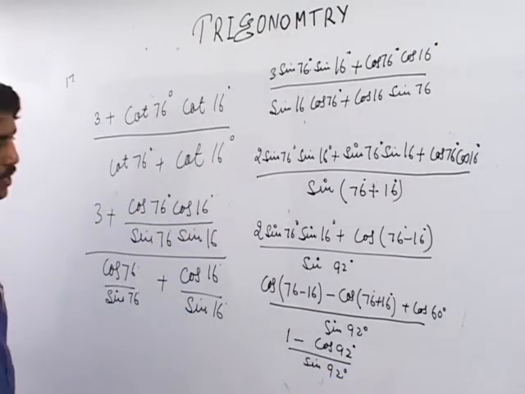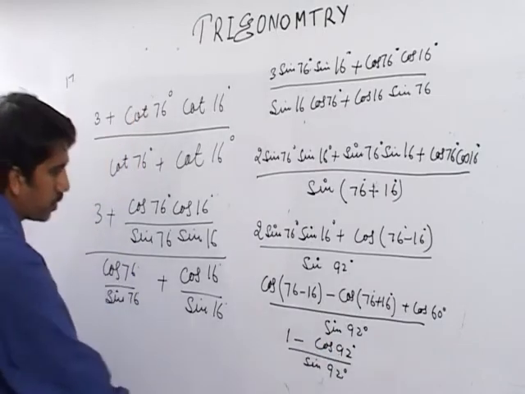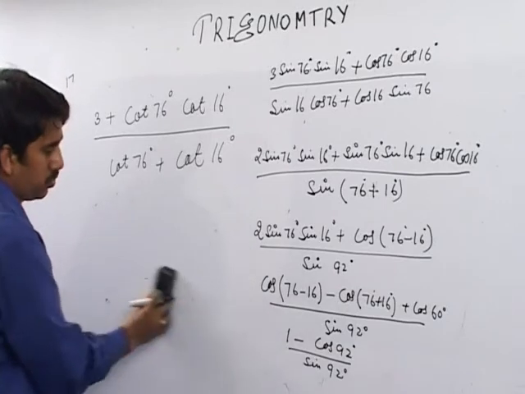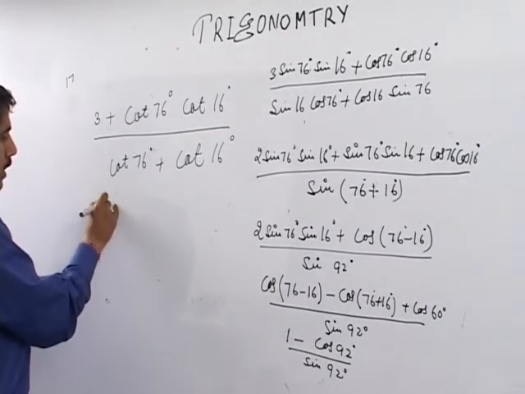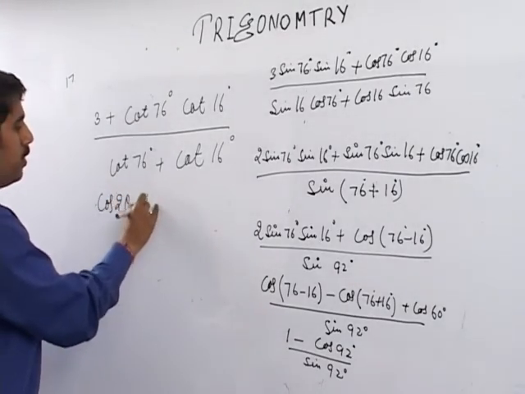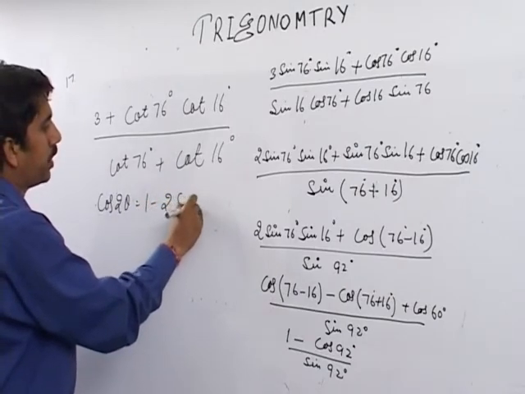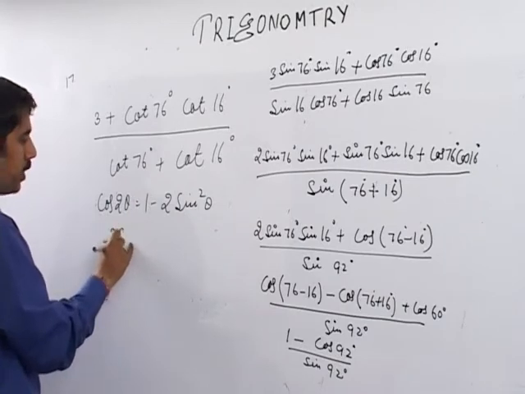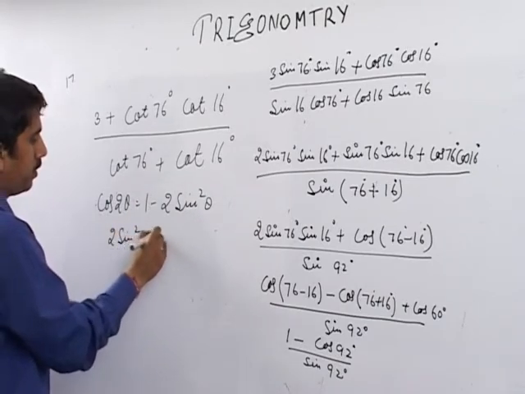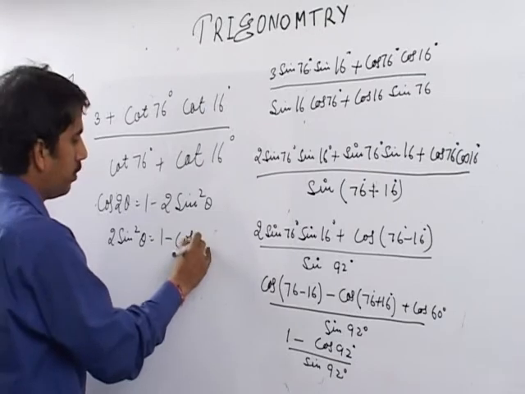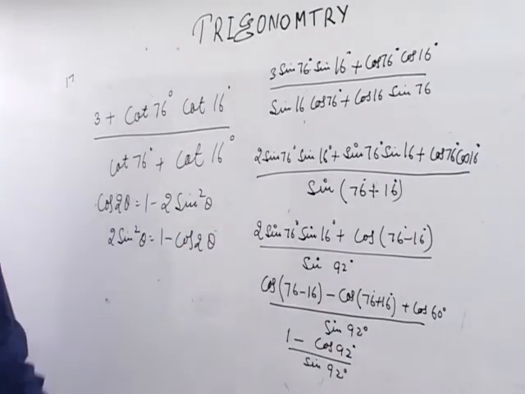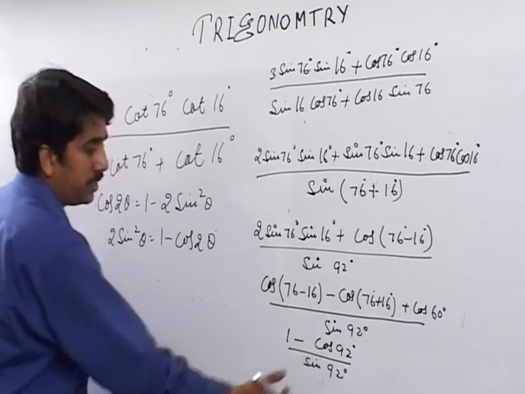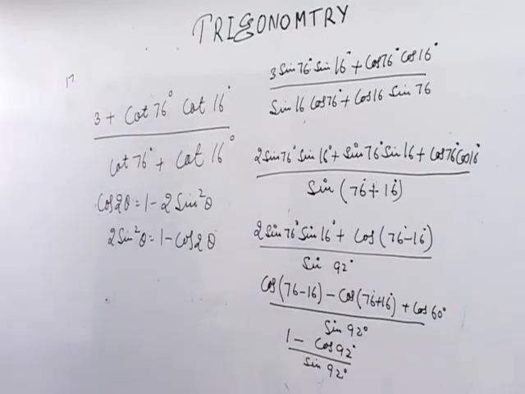Now if we take this as 1 minus cos 2 theta, then this is equal to 2 sin square theta, from the relation that cos 2 theta is equal to 1 minus 2 sin square theta. If we write 2 sin square theta on the left hand side and this on the right hand side, you will get 1 minus cos 2 theta is equal to 2 sin square theta. And here we will apply the formula for sin 2 theta, which is equal to 2 sin theta cos theta.